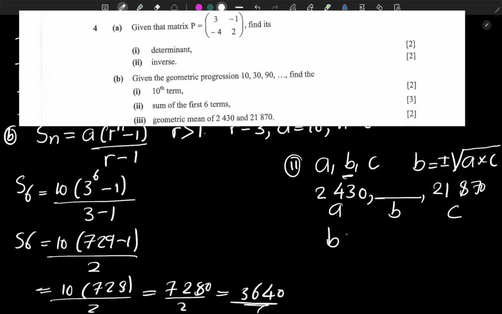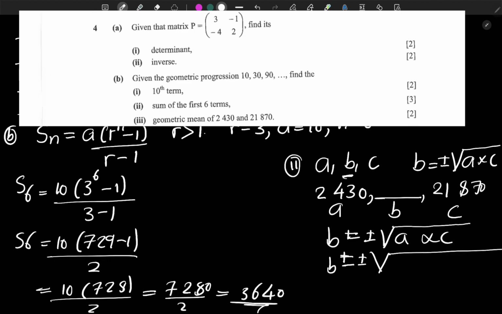So remember, the formula is B is equal to plus or minus the square root of A multiplied by C, plus or minus the square root of 2,430 times 21,870.